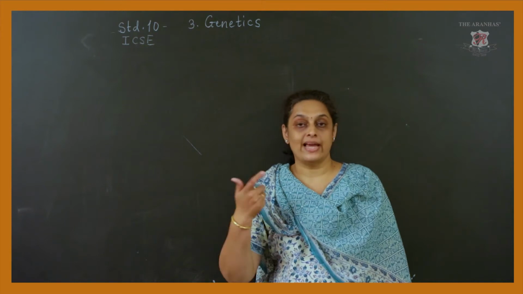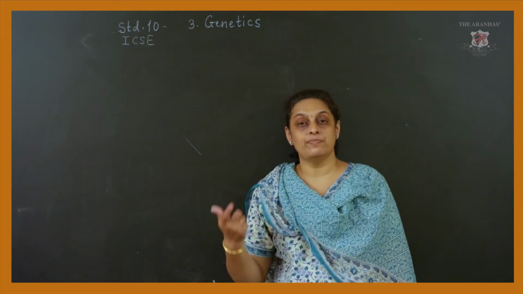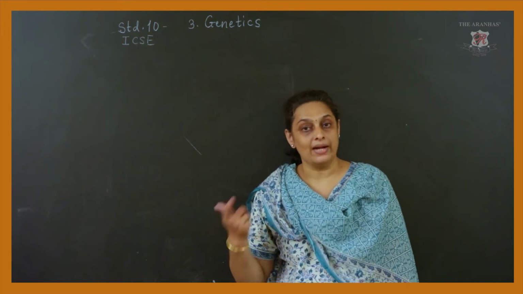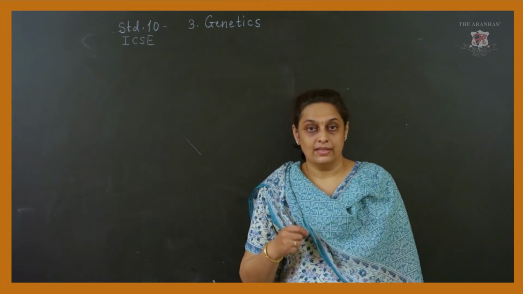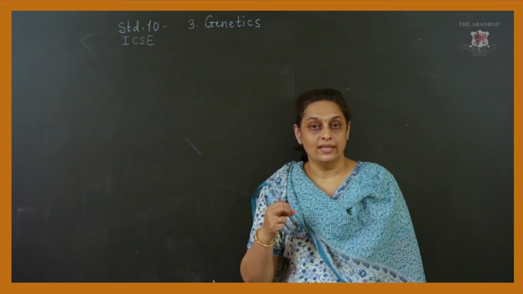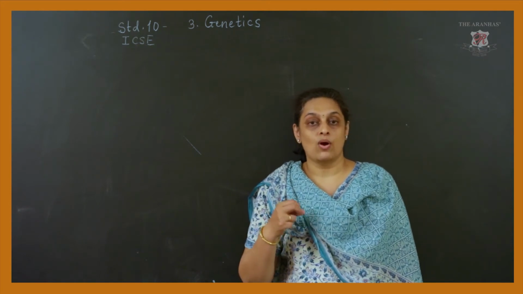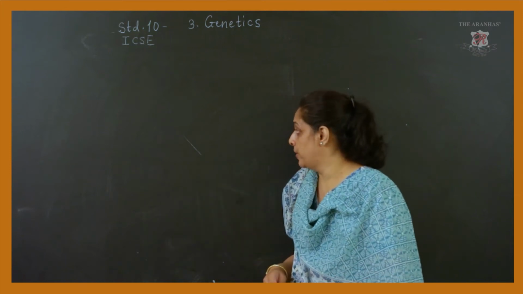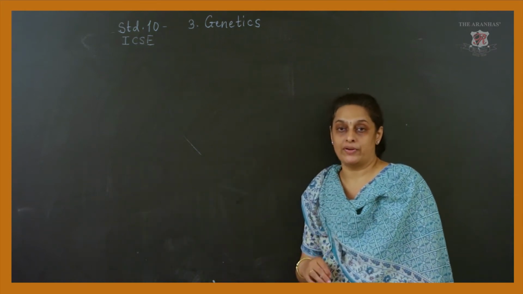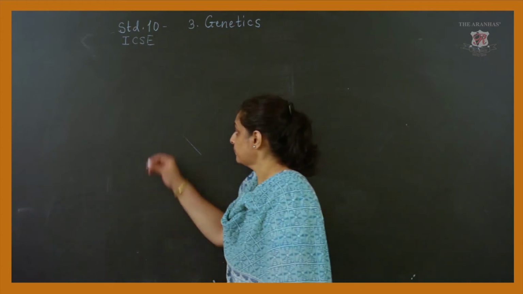So all these characters or all these parts will be seen in the plant. Now in garden pea plant, there is one thing which is called contrasting characters. Now I am going to explain this concept of contrasting characters.